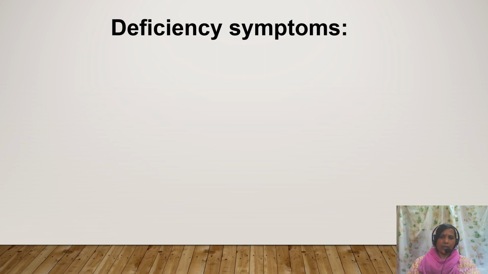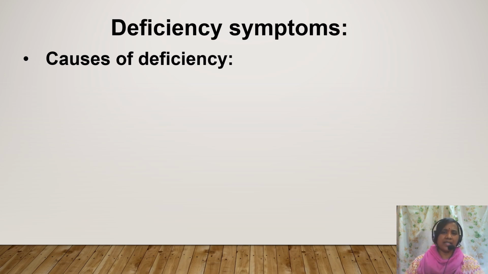Okay, now let us know about the deficiency symptoms of vitamin B6 or pyridoxine. Before I move on to the deficiency symptoms, let us know why deficiency of vitamins is generally seen. These are the causes of deficiency. You know that malnutrition is the main reason for almost all the deficiency disorders seen, right?